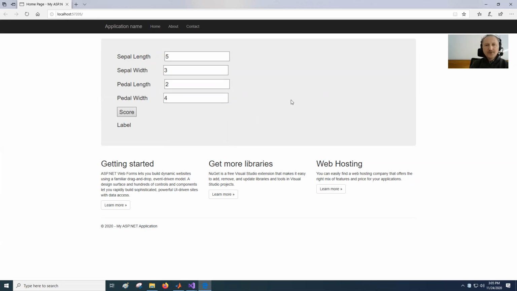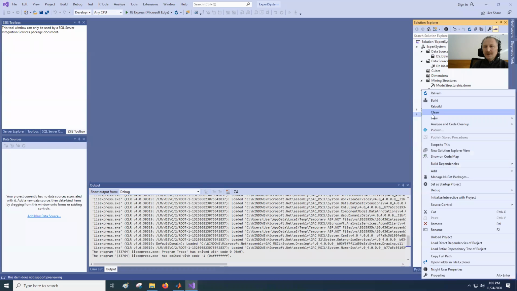And then, if you have a flower with these properties and you want to know its type, the decision tree algorithm, or classification algorithm, tells you that you have an Iris virginica flower. You can develop a web application like that, a machine learning or data mining web application, or you can develop it as a Windows version.